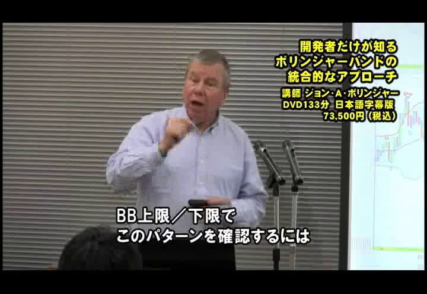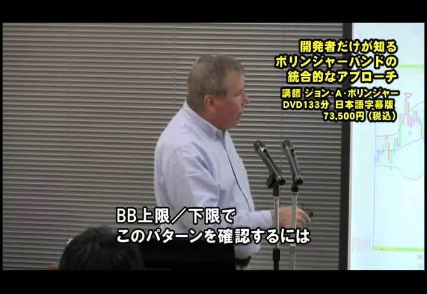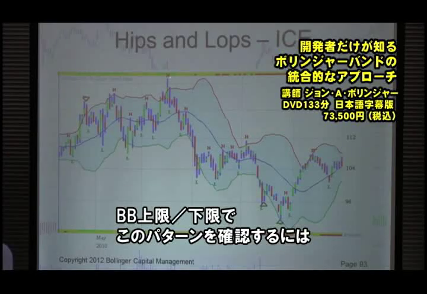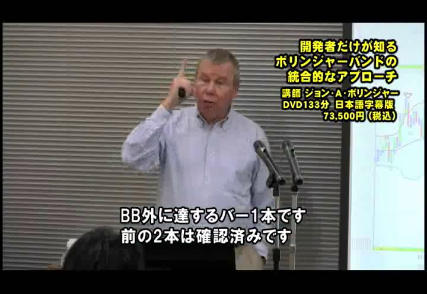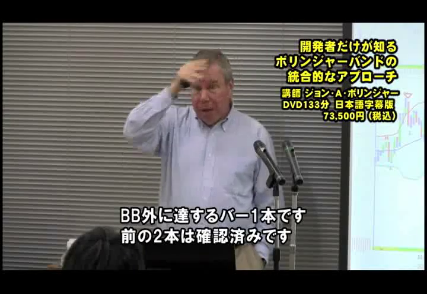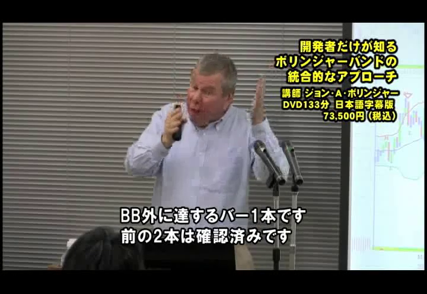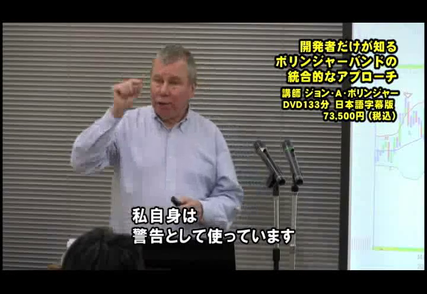While identifying a candlestick pattern at the upper band or at the lower band is easy to do because we only need one bar to identify, or maybe two or three, but the other two are in the past. So I use them as alerts.